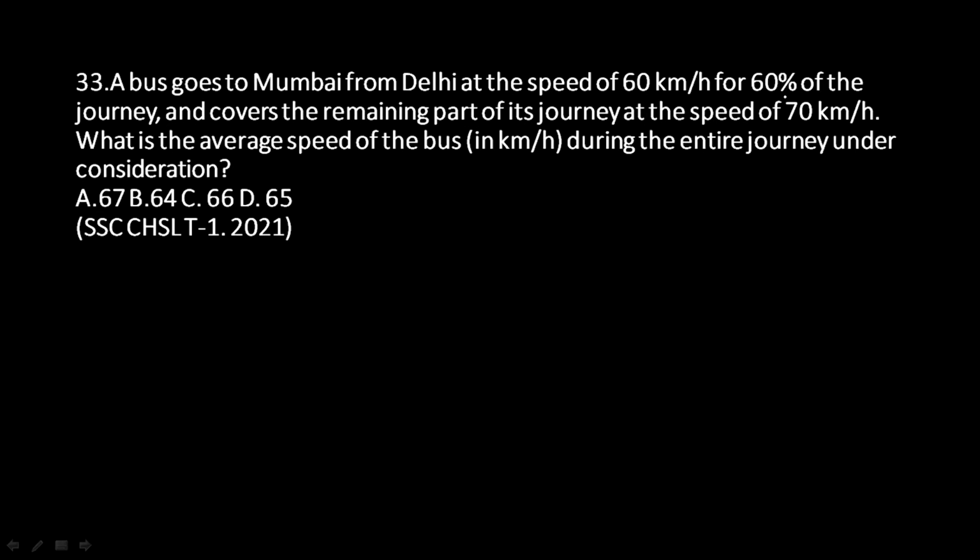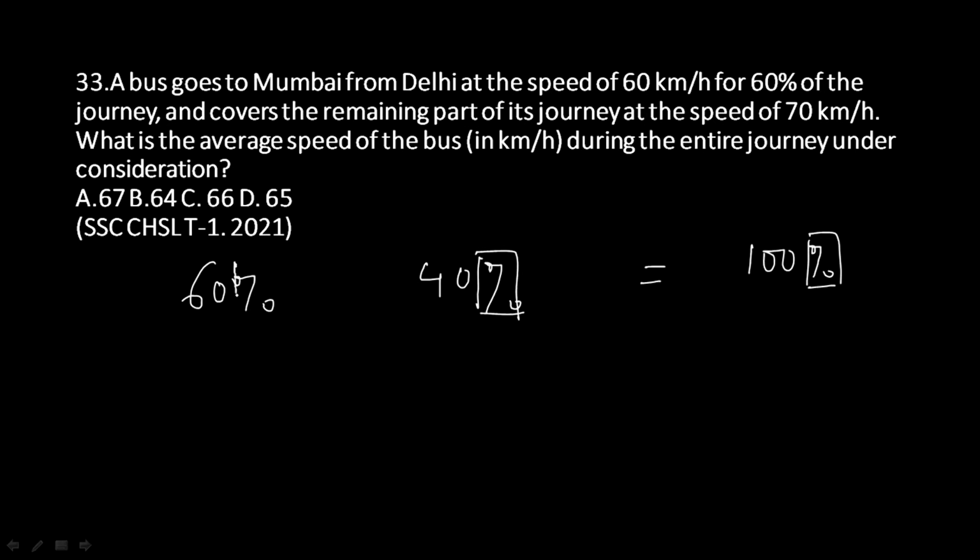Look, the whole path is divided in two parts, 60% and 40%. So we can assume the total as 100% or 100. Clear? First part is 60, second part is 40, and the total distance is 100. Clear?